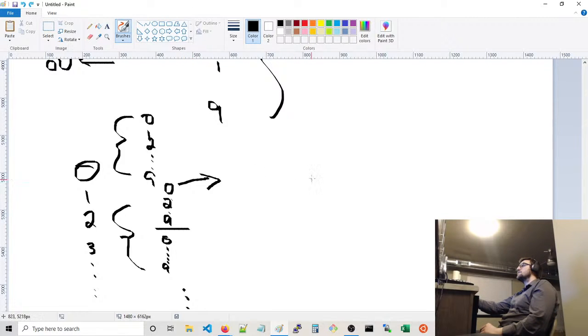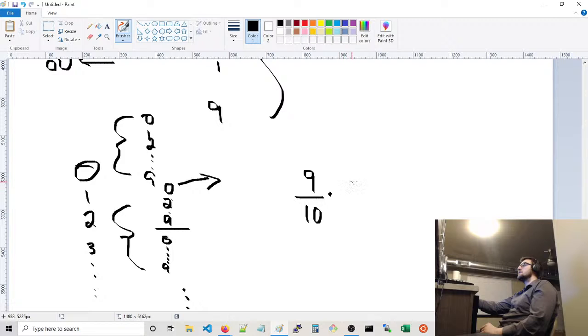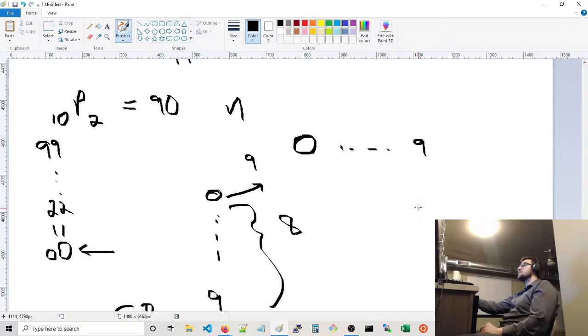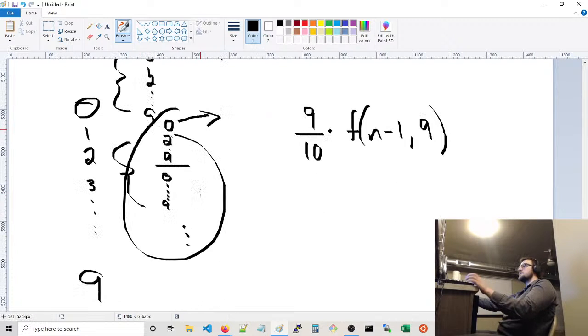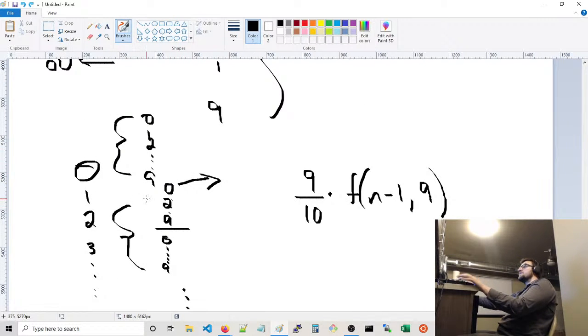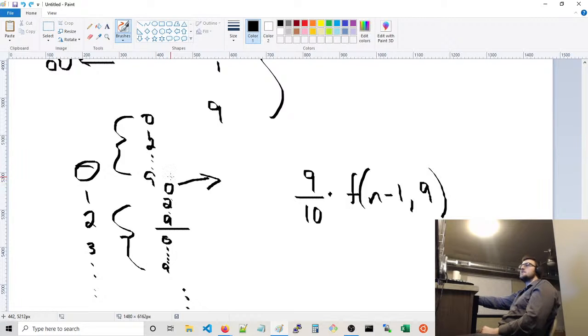So for 9 out of 10 times, you have basically f of n minus 1 with one less digit, 8 digits to pick from, or 9 digits to pick from. Now that's not true, right? Because you still could pick 0. But you do have one less digit. That's true. f of n minus 1, 9, including 0, right? You can always pick 0. Plus 1.